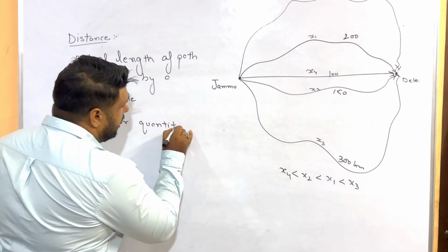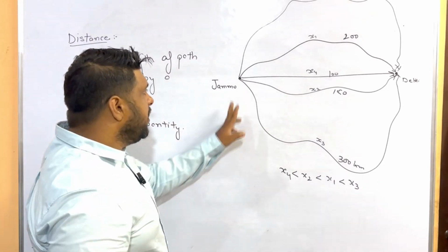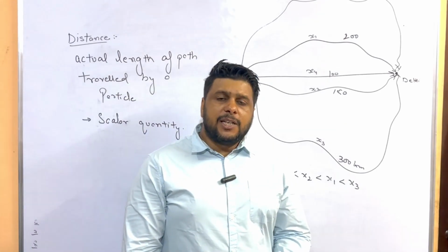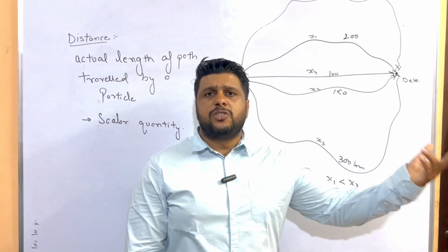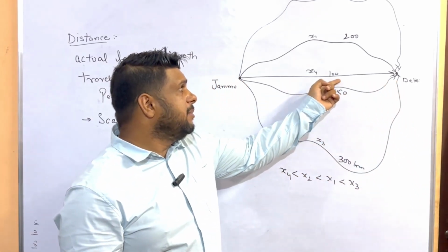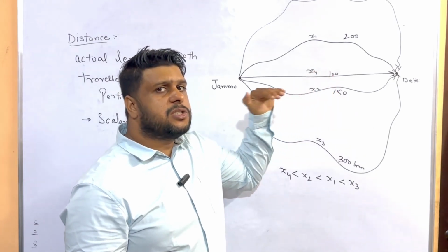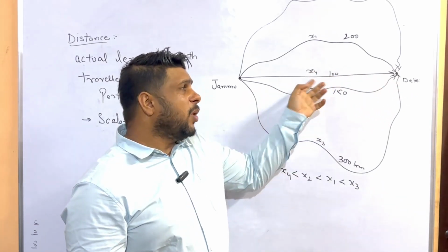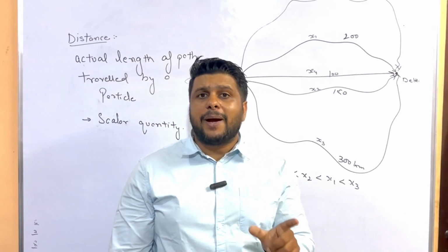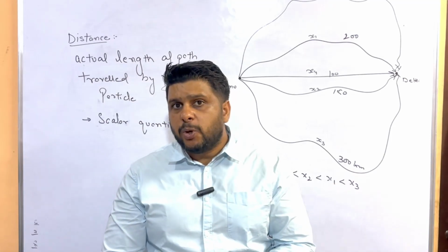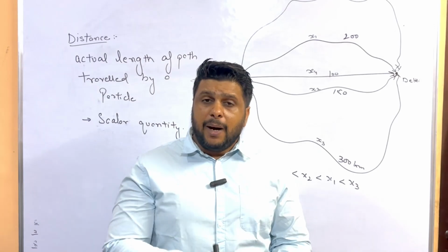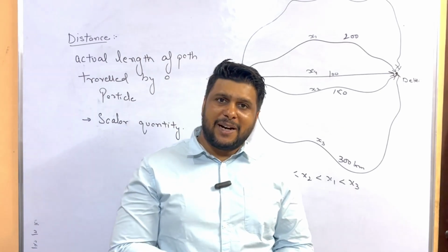Another thing you should know: if I'm traveling from Jammu to Delhi, I have to cover some distance. It is not the case that I can reach Delhi by traveling zero distance. There is a minimum path. The minimum path is 100 kilometers, which is by air, so at least I have to travel 100 kilometers. When we talk about magnitude, it can be positive, negative, or zero, but can magnitude here be negative?